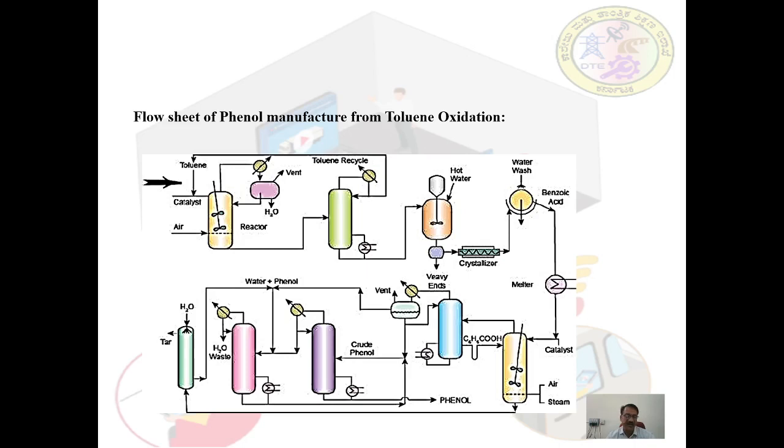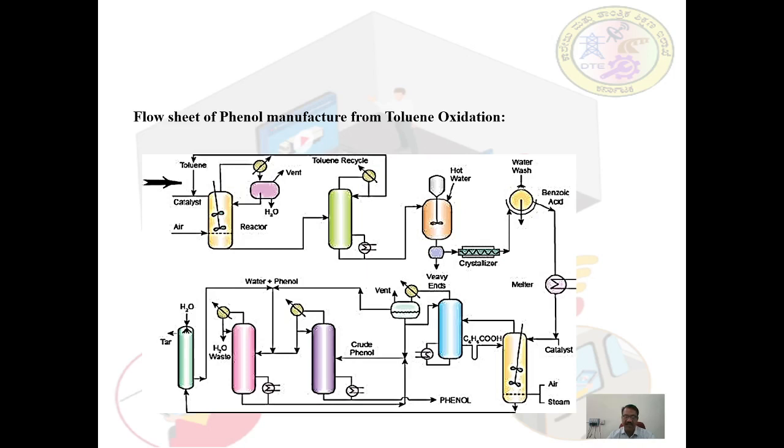The reactor is provided with a vent; after cooling and partial condensation of the mixture, a hydrocarbon vapor stream is obtained. The liquid product from the reactor then enters a distillation column, which separates toluene from the other organics.